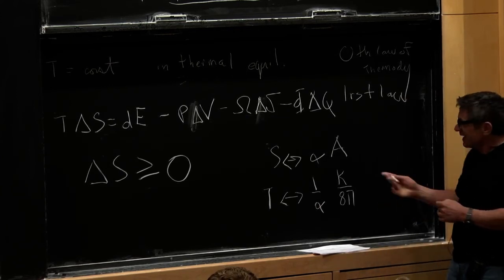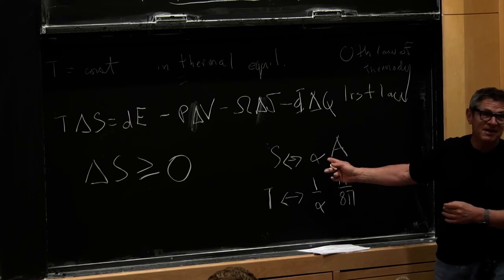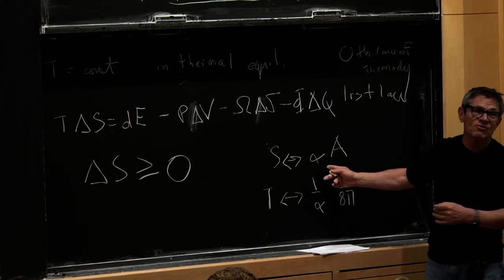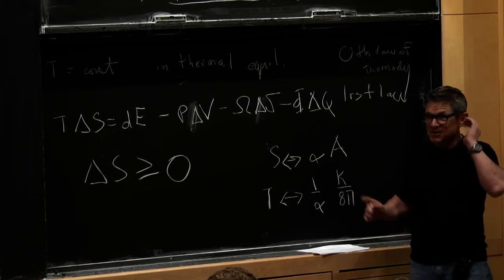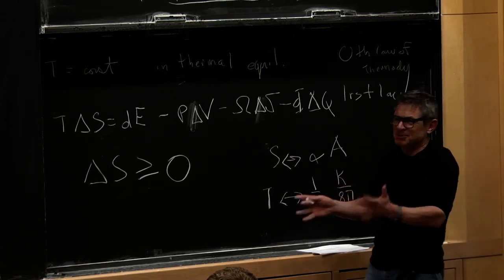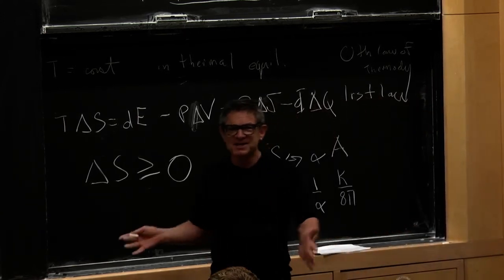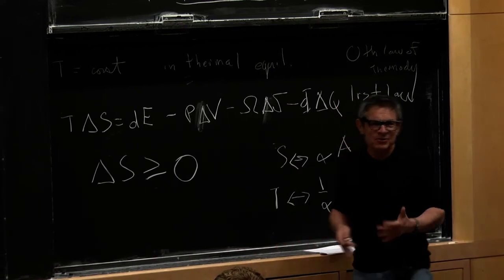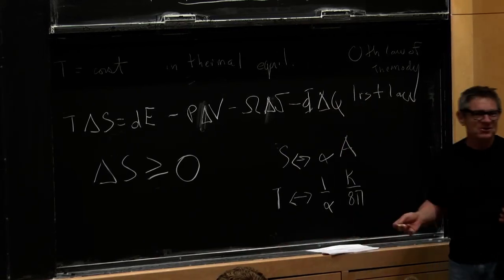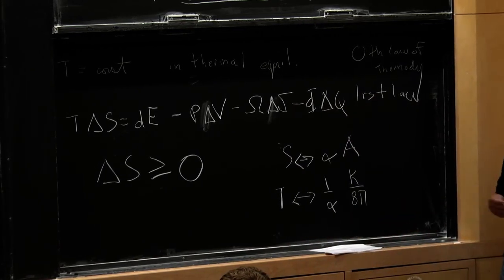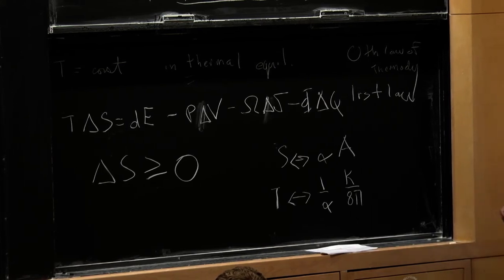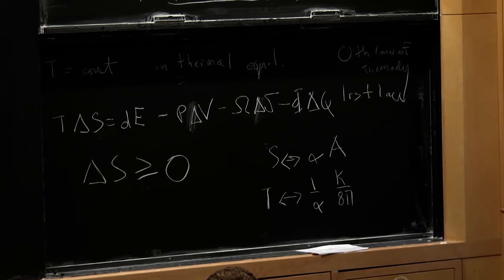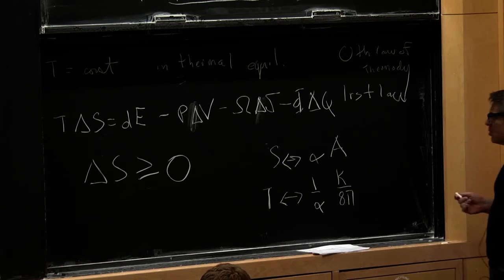So you have to have an h bar in here. And in fact, we'll see a little later, it's going to be a 1 over h bar. So in order for anything like this to be true, quantum mechanics has to come in. We thought we were doing classical physics, and all of a sudden, h bar is sneaking in out of the blue.